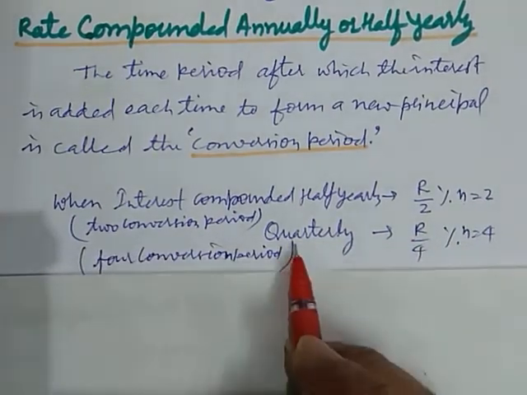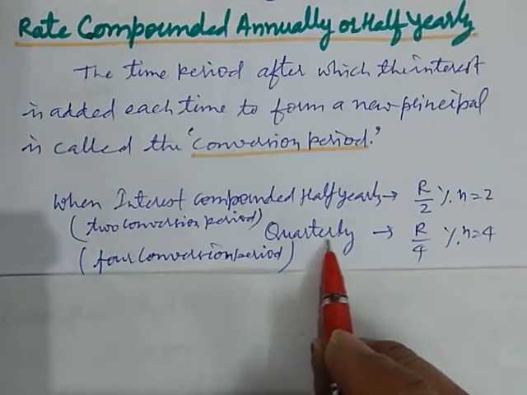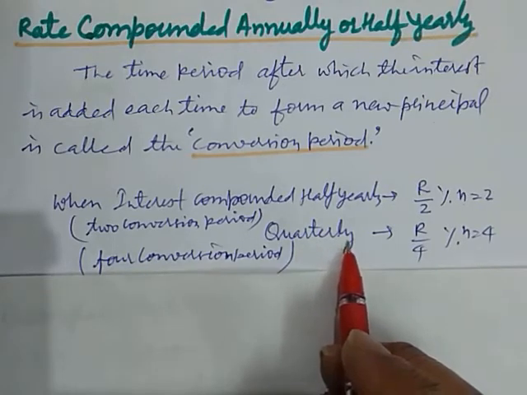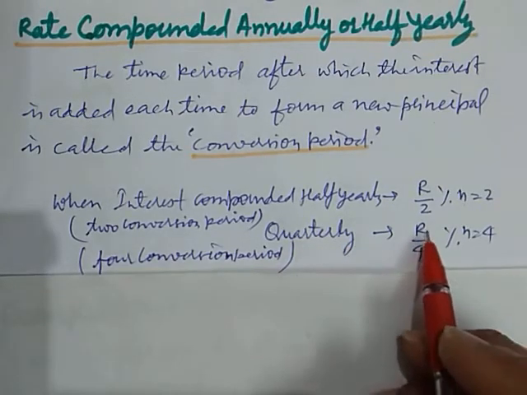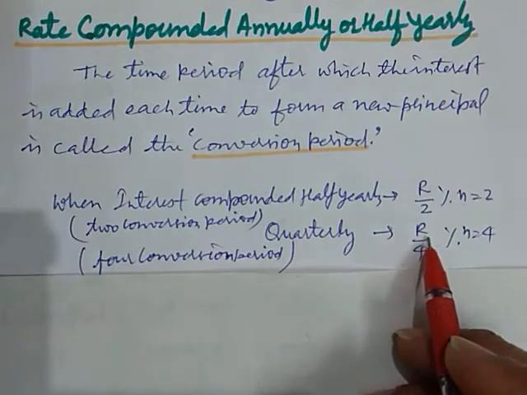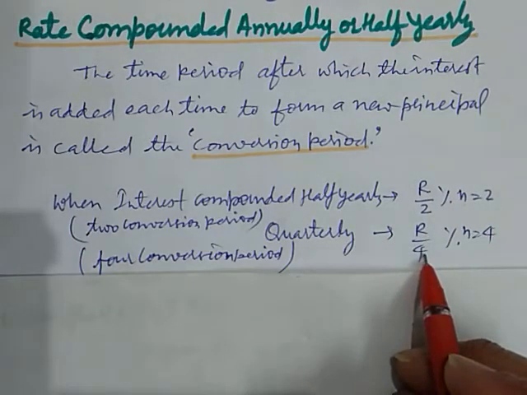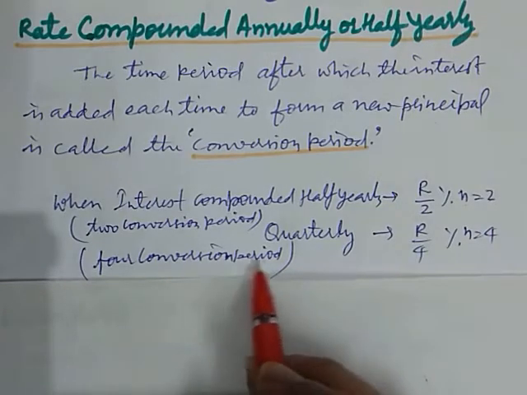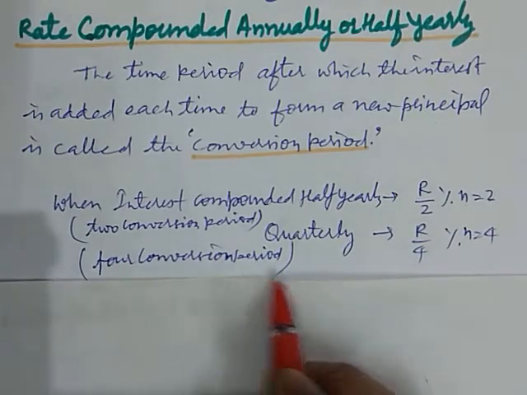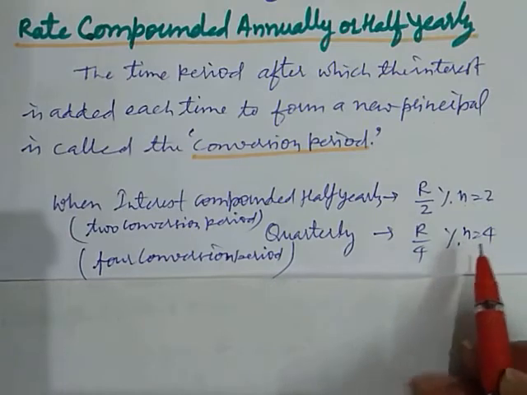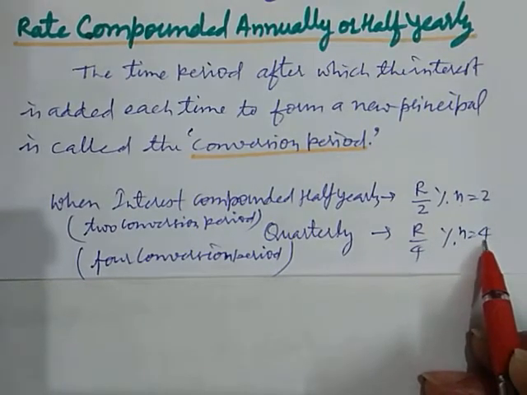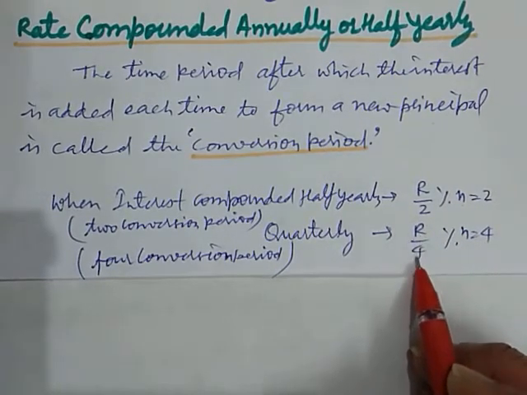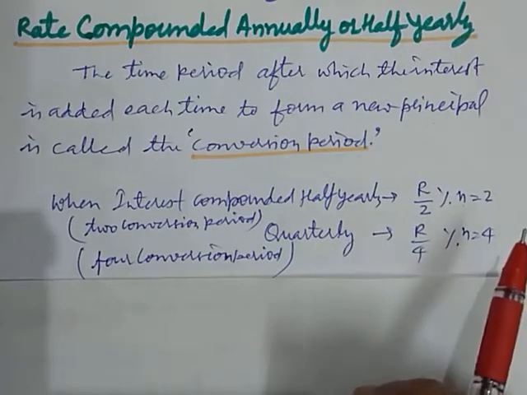If we compound the interest quarterly, we convert the rate to 1/4. In a year we compound 4 times, so 4 conversion periods. It means the value of n is 4, but the rate of interest becomes 1/4.